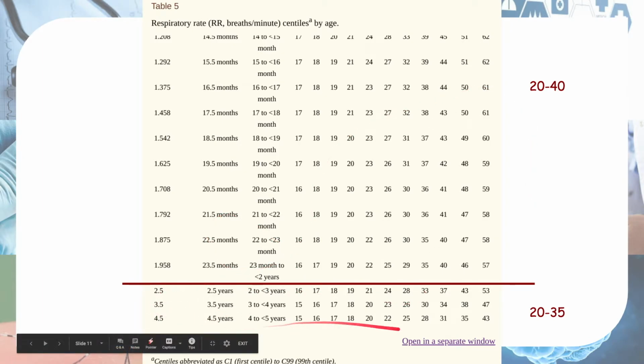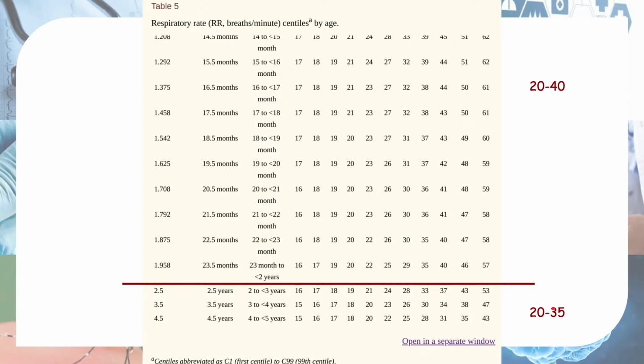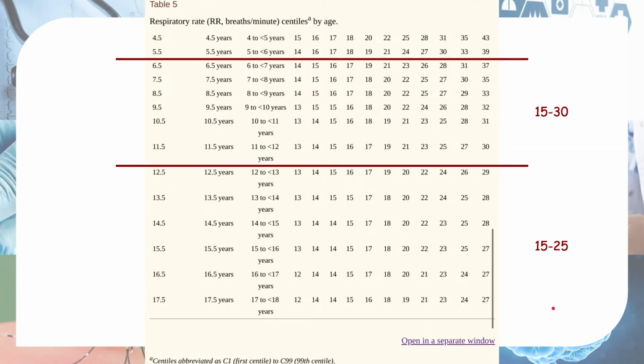After toddler, you have the early childhood. So this is about 2 years to 5 years, and then approximately it's about 20 to 35. This is the respiratory rate.